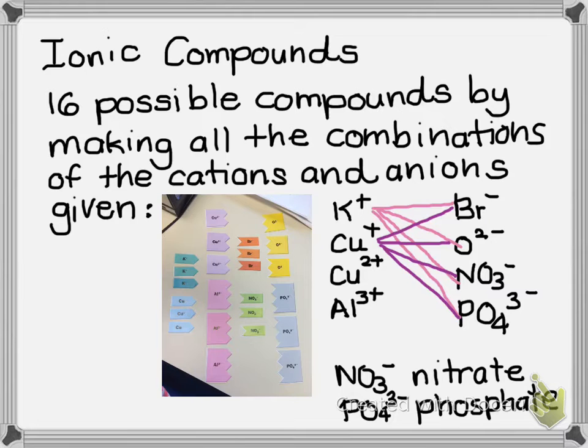So then you would go down to the copper 2, and you'd go to bromine, to oxygen, to nitrate, to phosphate. Now you'd have 12 combinations, and for the last to get the 16, then you could come down to aluminum, and you'd go to bromine, do the combination with oxygen, with nitrate, and with phosphate. So when you're done, you would have 16 different compounds that you've written the formula for.